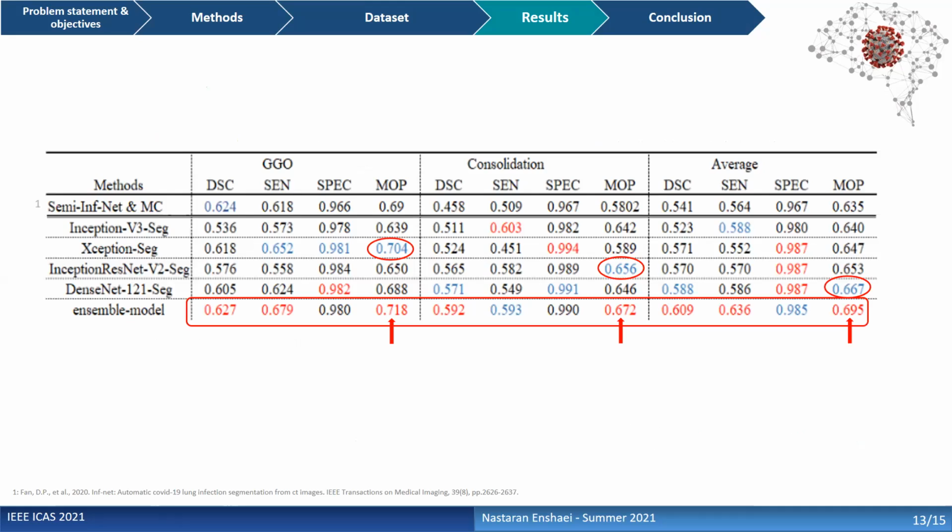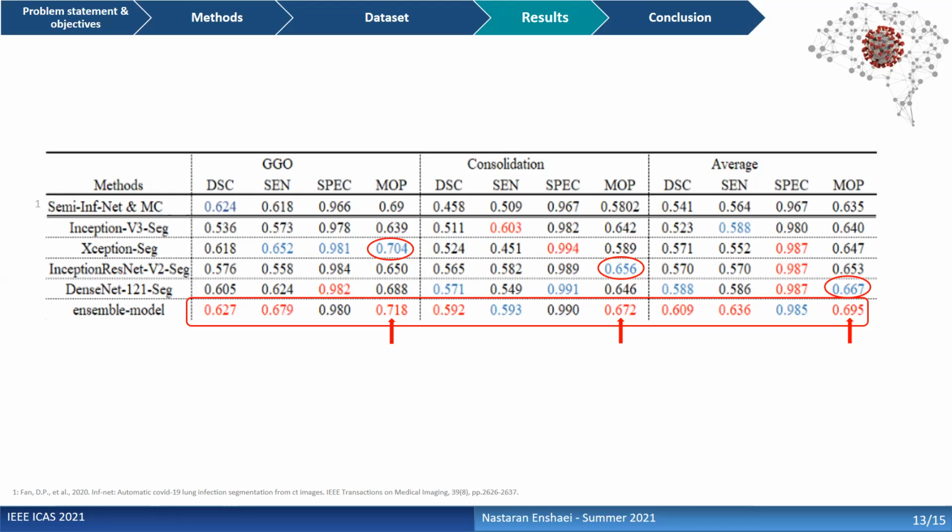This table represents our obtained results. As can be seen, each segmentation network may outperform the others in segmenting any infection class or their average. However, ensembling the models' results using pixel level soft voting can improve the performance for both GGO and consolidation infection regions and also their average.